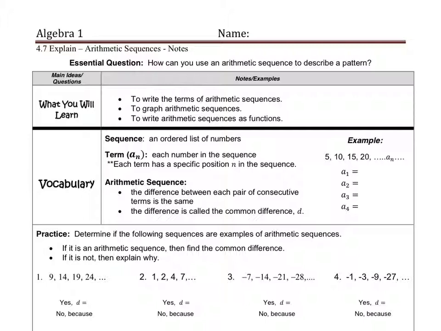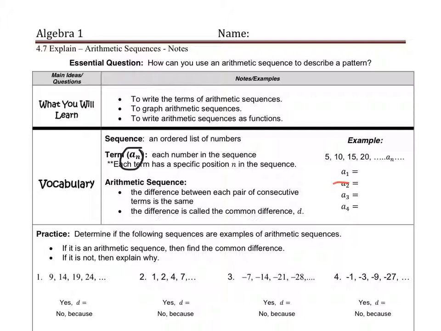A couple of things that you need to learn, just nomenclature, vocabulary, is that they're going to refer to our terms as A, with a little sub number depending on which term it is. So my first term, a sub 1, is the first term of this sequence.